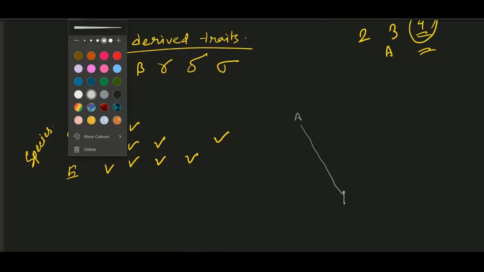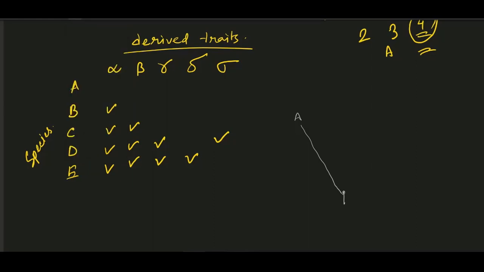Now let's say B, C, D and E, these 4 have alpha in common. So from this ancestor along the time the alpha trait derived, and after acquiring the alpha trait, a speciation event happens and species B is generated.